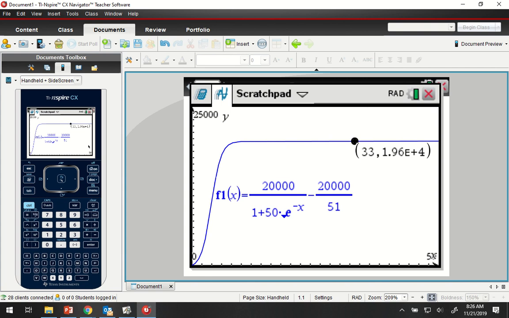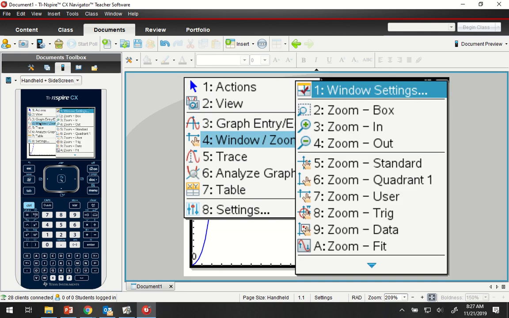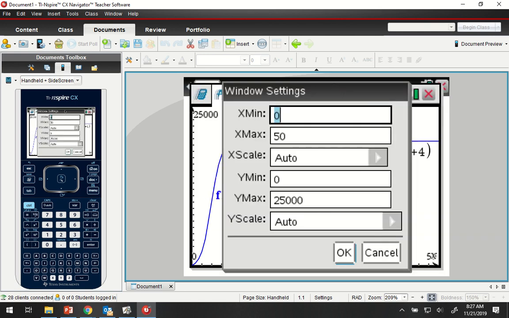At a certain value, it looks like it should stop at 33. But even though our graph shows this, let's change this, because my y value is about 19,000 to 20,000. Let's see if I can actually see any change in that one. So menu, window, settings.